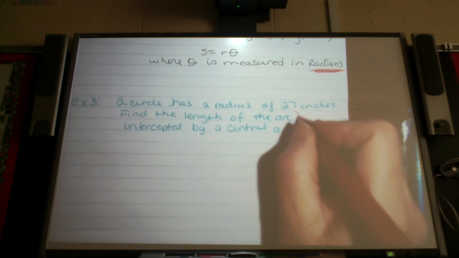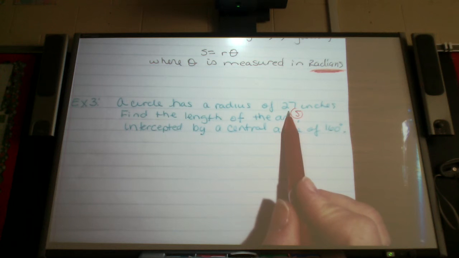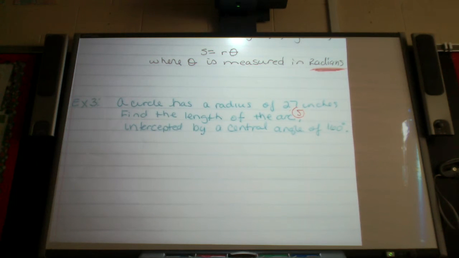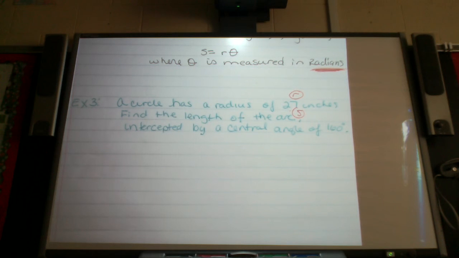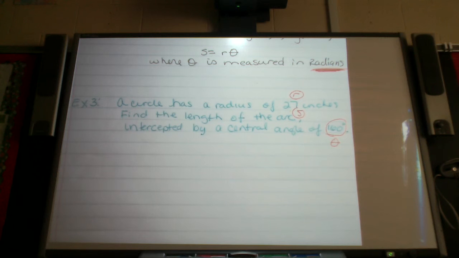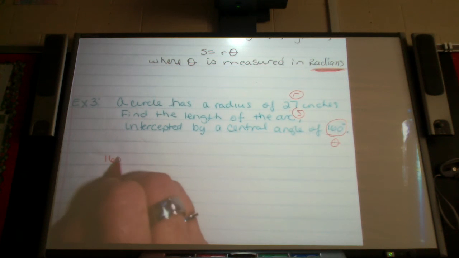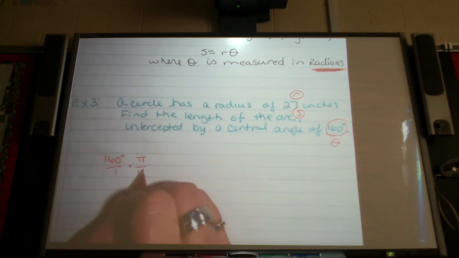So we're looking for S. 27 is what? It's our R, radius. And then this is going to be what? It's our theta, but what do I have to do with it first? I have to change it to radians. So 160 over 1, I have to multiply it by pi over 180.